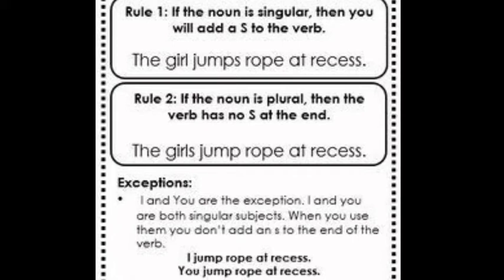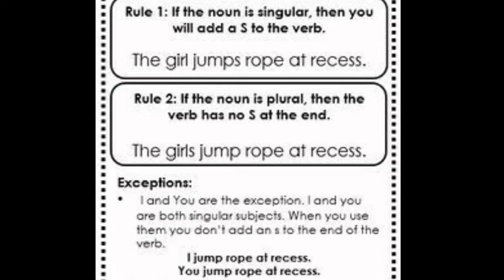Now rule number 2 says, if the noun is plural, then the verb has no s at the end. That means no s form of the verb if the noun is plural. So the example says, the girls jump rope at recess. In the earlier one you see the girl jumps, but here the subject is plural, so the verb has no s.